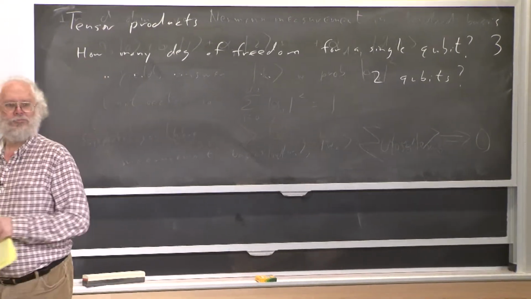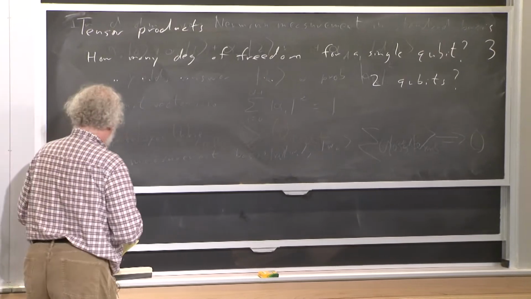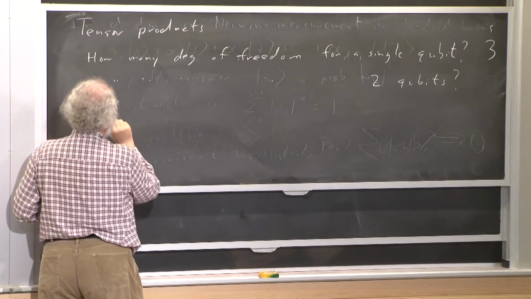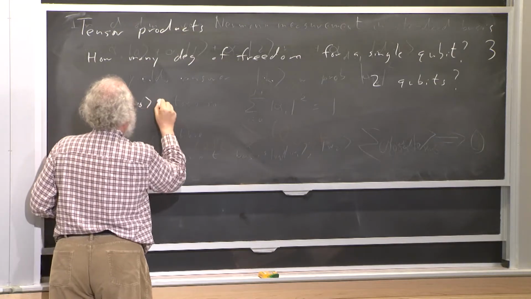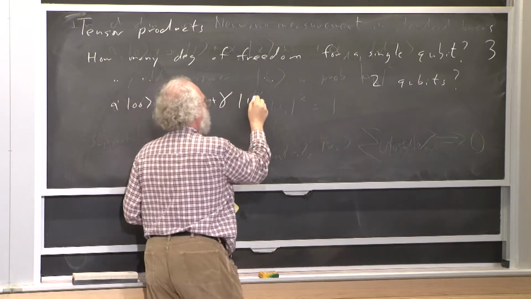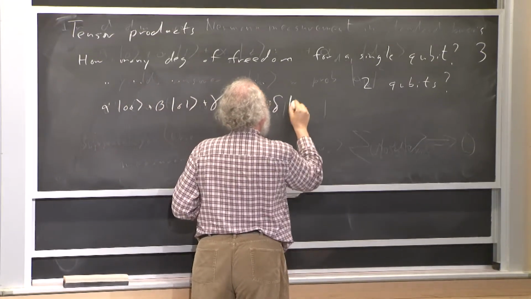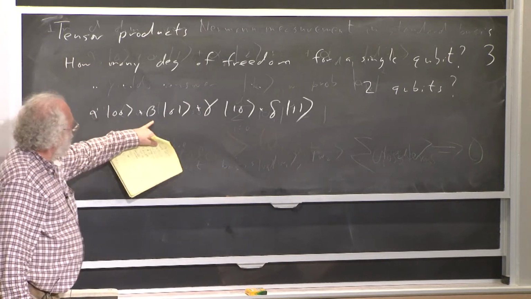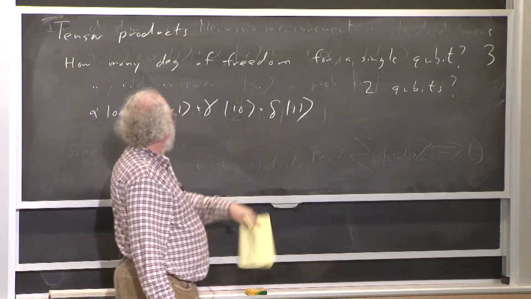Well, when we have alpha 0,0 plus beta 0,1 plus gamma 1,0 plus delta 1,1, so that's 2, 4, 6, 8.